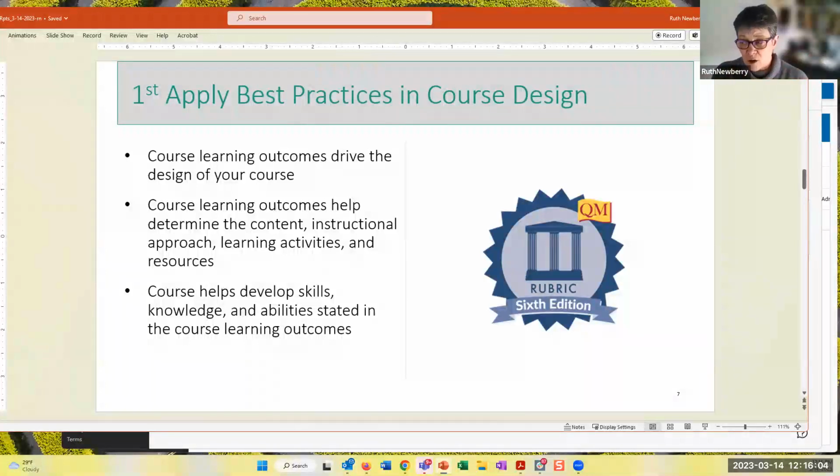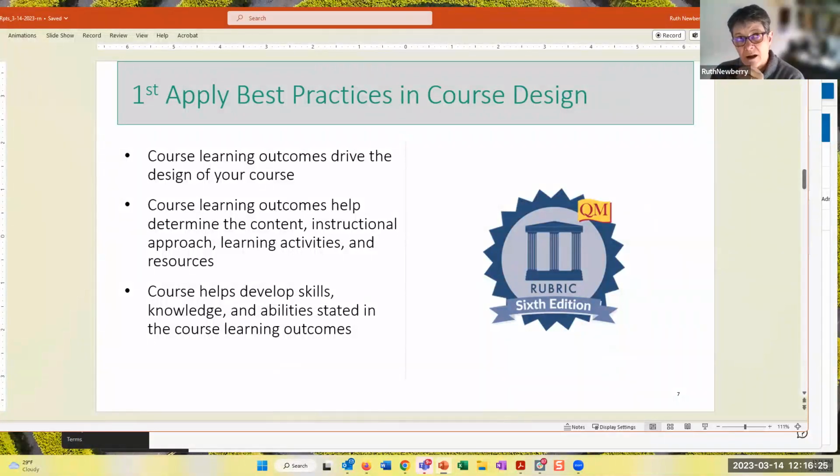You want to make sure that your content, your instructional support approach, the very learning activities that you put into the course, and any resources all support the students' attainment of those course learning outcomes.